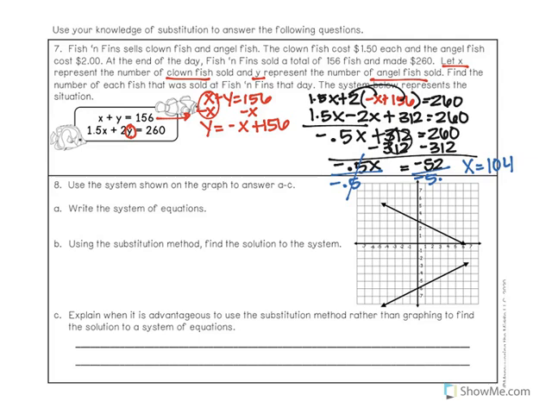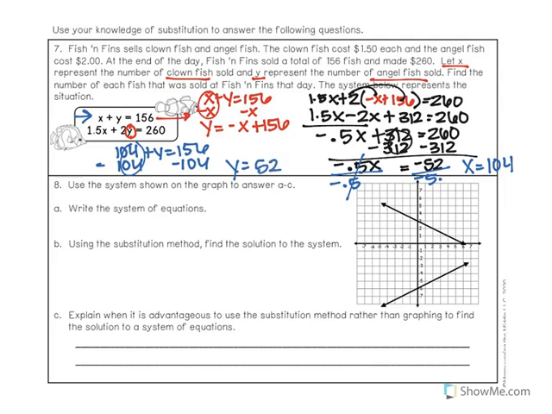I now can take that and plug it back in, and I'm going to choose to use this equation, which is the original, so that would give me 104, because that's my x, plus y is equal to 156. I'm going to subtract 104 from both sides, and I'm left with y is equal to 52.